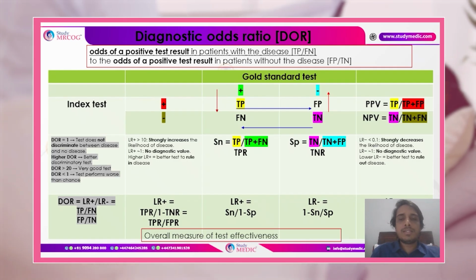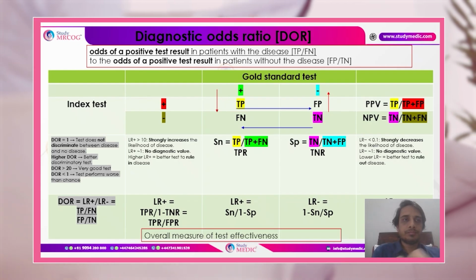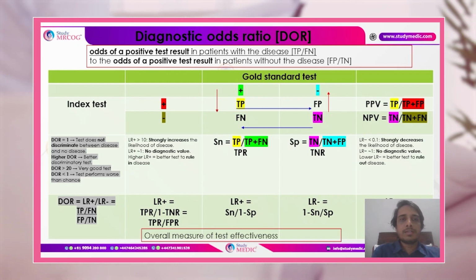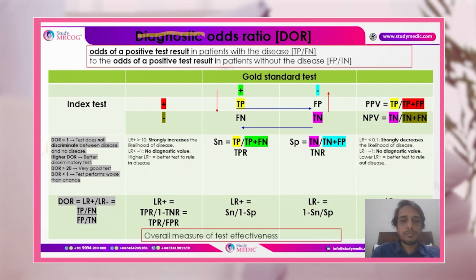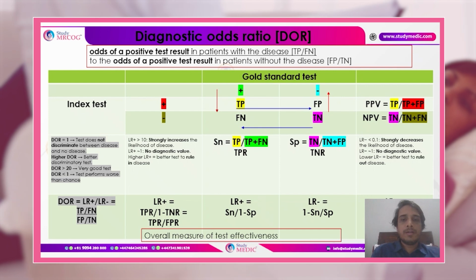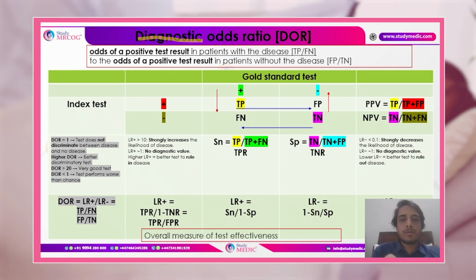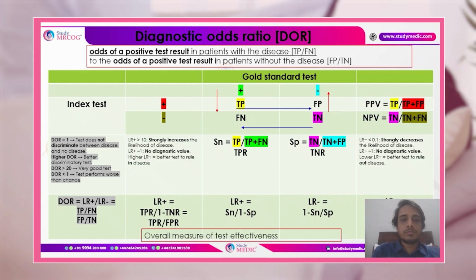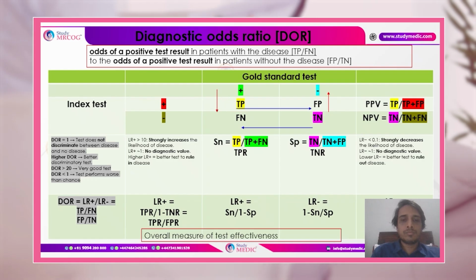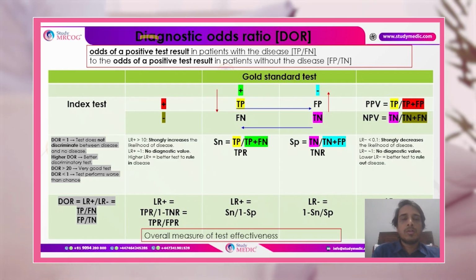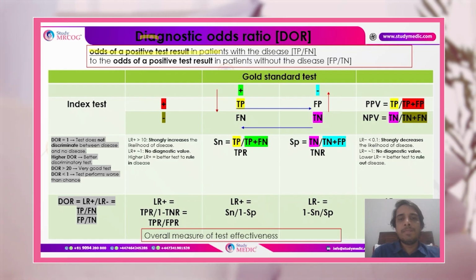Now what is the diagnostic odds ratio? Now you can see here, the diagnostic odds ratio is the odds of a positive test result in patients with the disease.